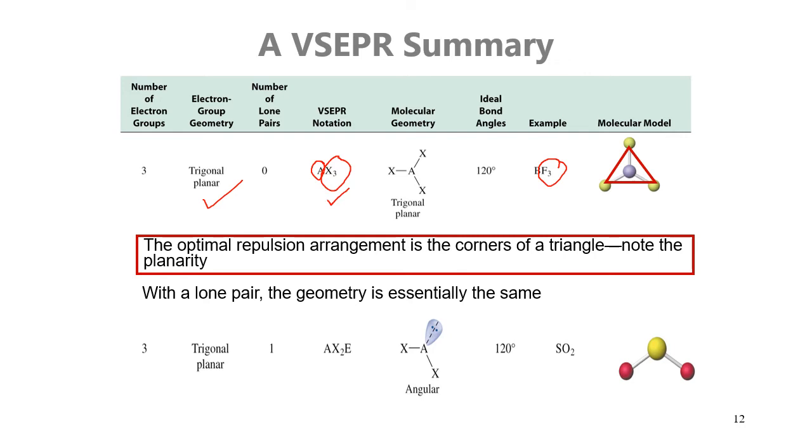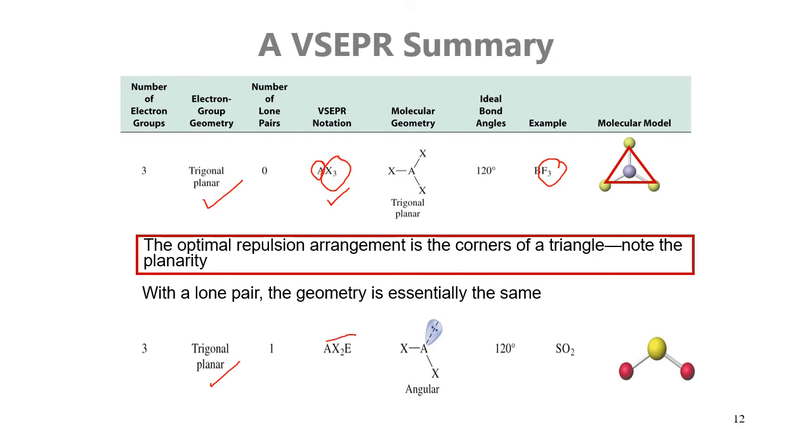And then with a lone pair, the geometry is essentially the same because it still has a number of electron groups of 3. The electron group geometry or domain geometry is trigonal planar. However, it has 1 lone pair.